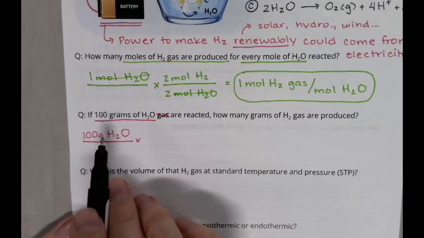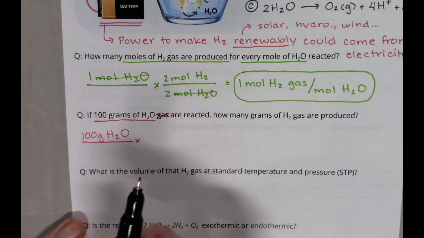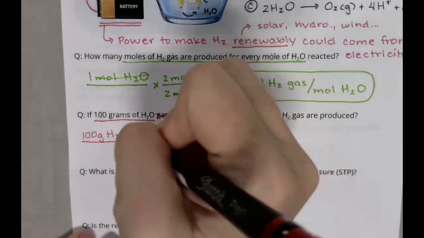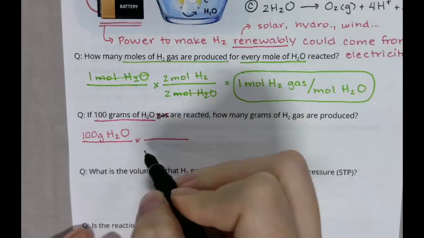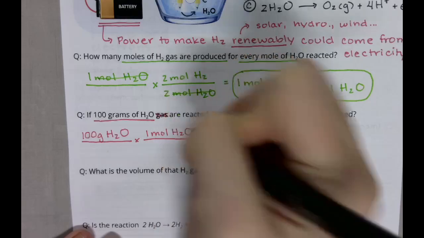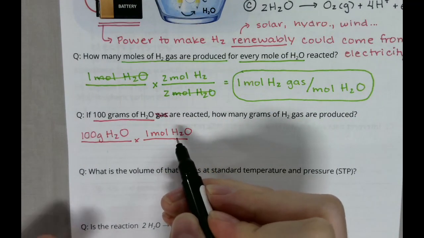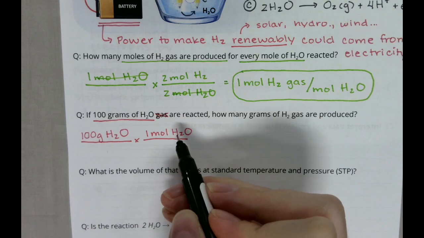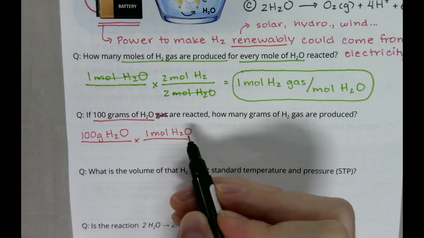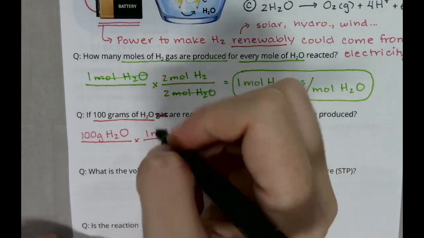The good news is we know how to go from grams of H2O to moles of H2O. You learned that when we learned about molar masses. So let's start with that. How many grams of water are in 1 mole of H2O? Well, we've got 2 hydrogen atoms, so those each weigh 1.01 grams. That's the atomic mass of hydrogen. And we've got 1 oxygen atom. Oxygen atoms weigh about 16 grams per mole, so we can add that together.